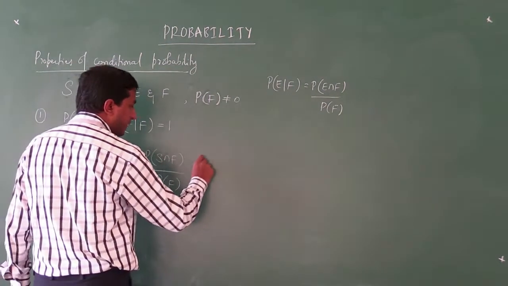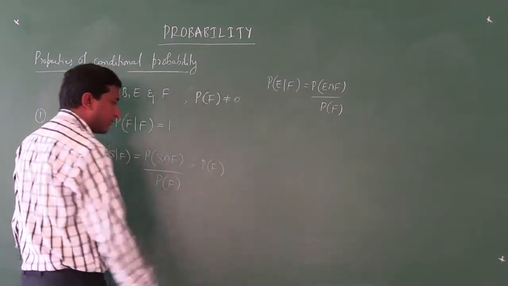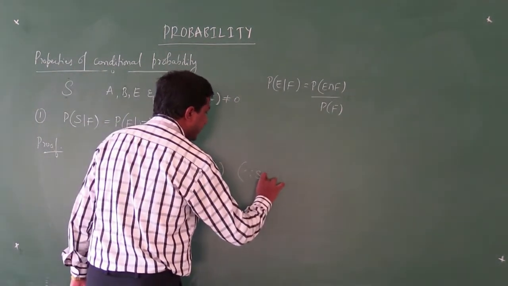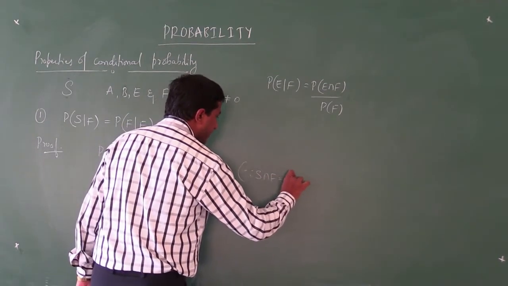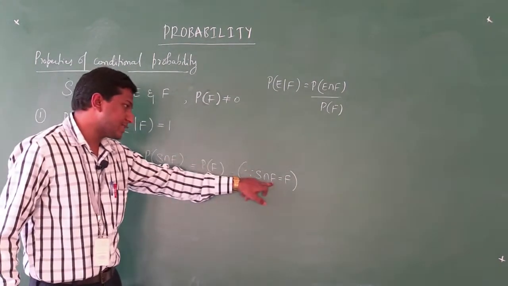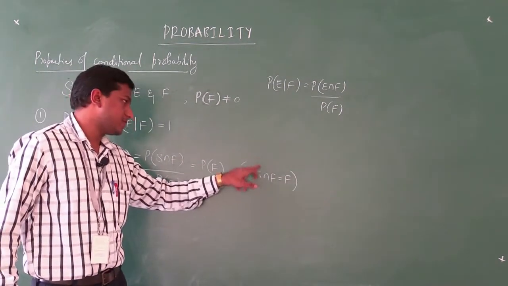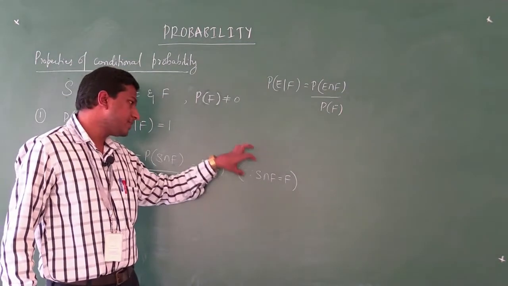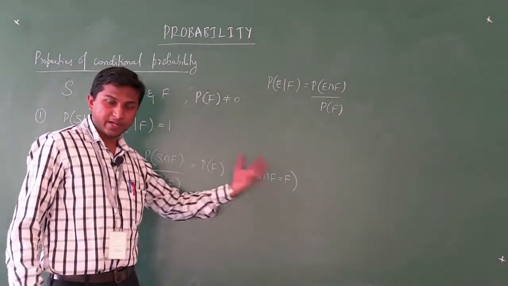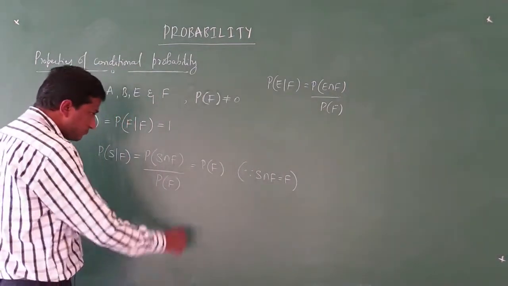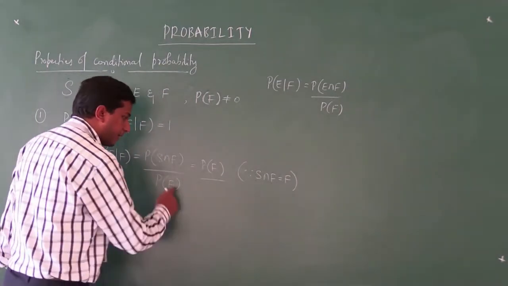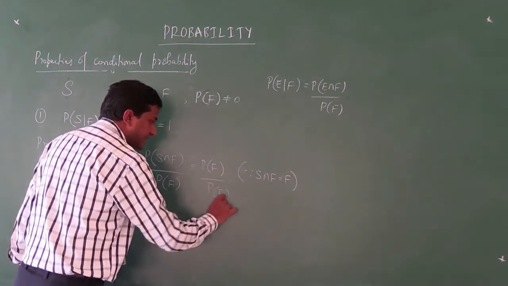S intersection F is nothing but equal to F. F is a subset of S, hence common elements between sample space and set F will be nothing but elements in set F. So this becomes P of F divided by P of F as it is.